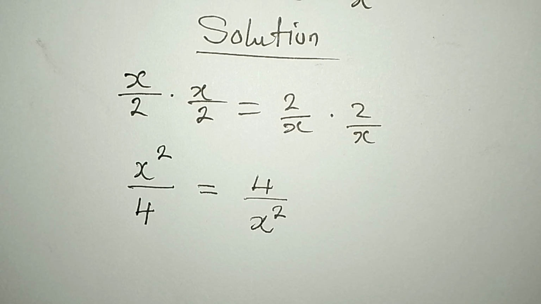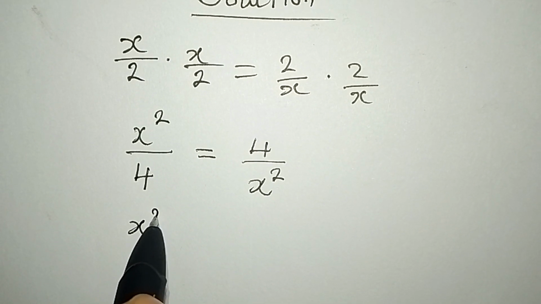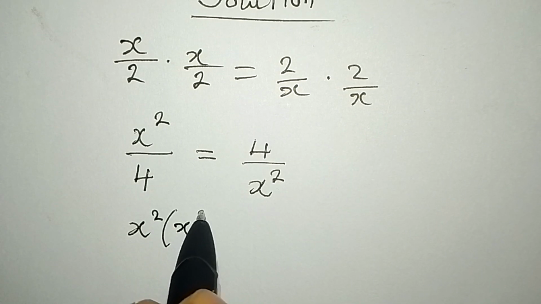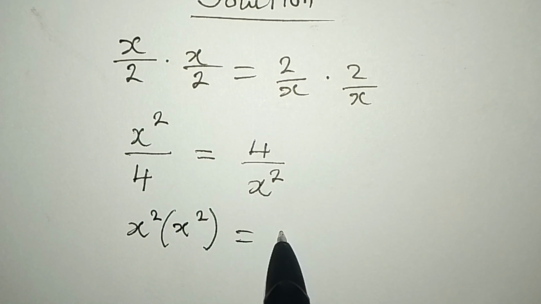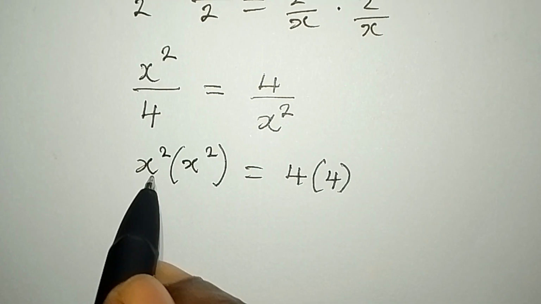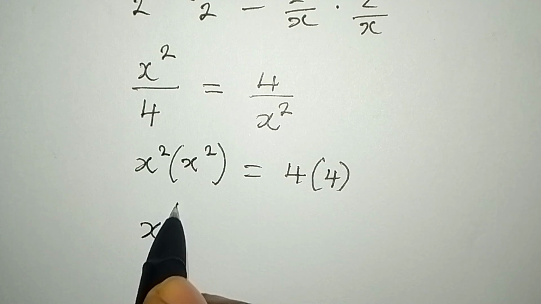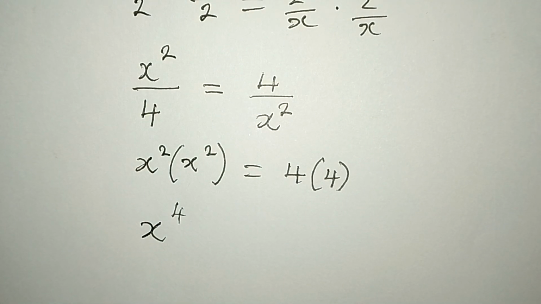Now what do we do? We will cross multiply, right? So that we have x to the power of 2 multiplied by x to the power of 2 equal to 4 multiplied by 4. So x squared times x squared will give us x to the power of 4, right?